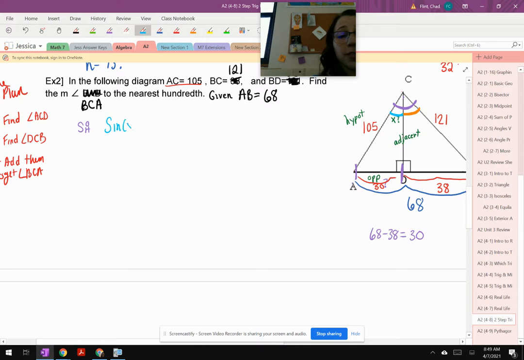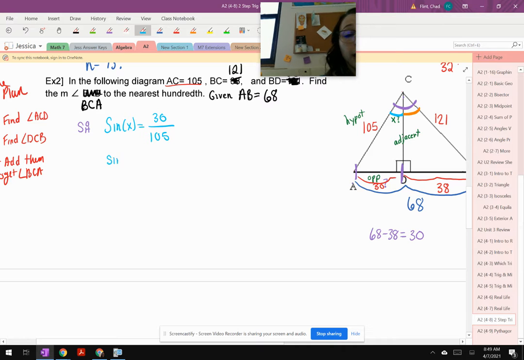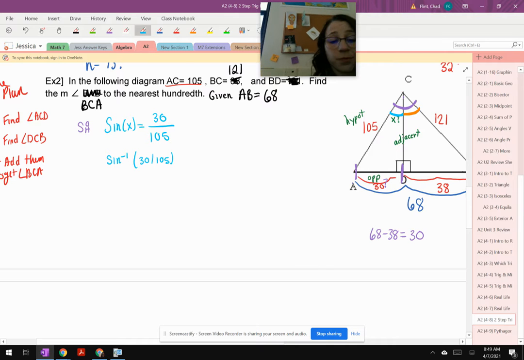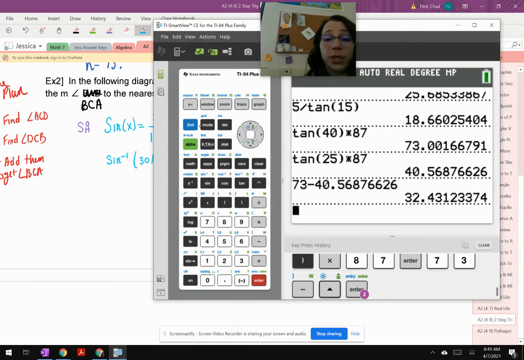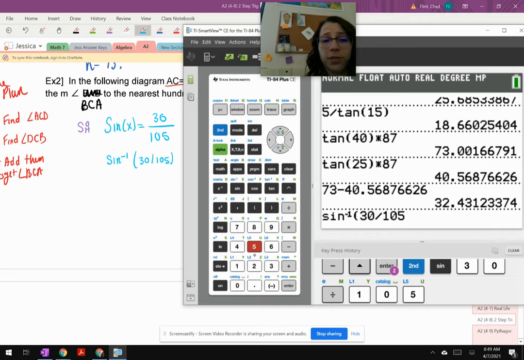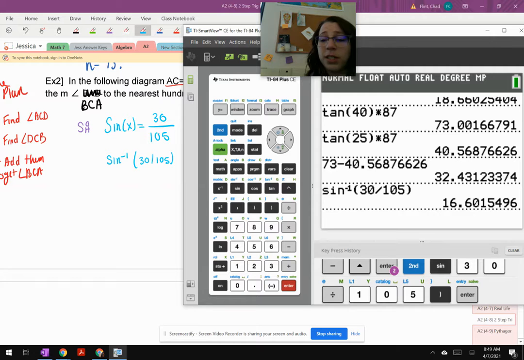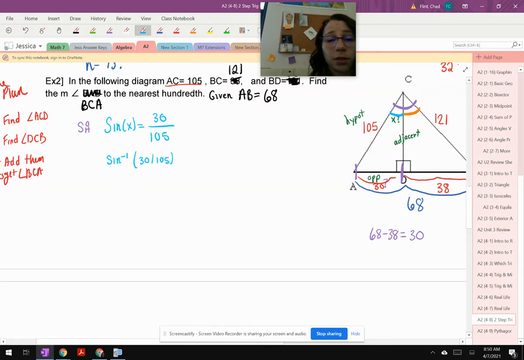So the sine of angle X in light blue is equal to the opposite, which is 30, over hypotenuse, which is 105. We're looking for the angle here, so we're going to use the inverse trig function. So second sine, 30 divided by 105. And that gives me 16.6015.